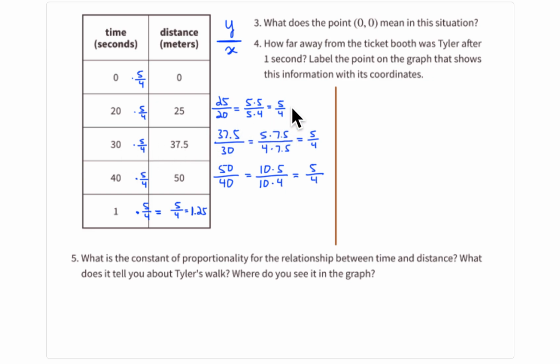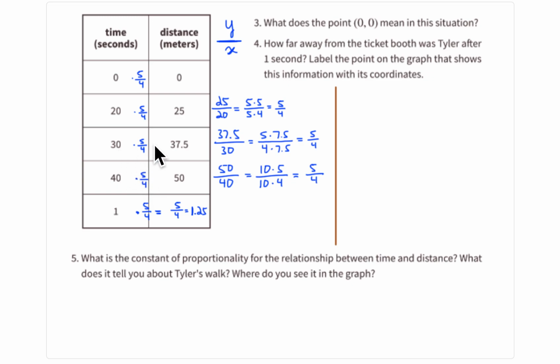Both of those, and I should spend some time talking about that pretty soon. That 5 divided by 4, in this case 5 meters per 4 seconds, is the same as 5/4 divided by 1, or 5/4 of a meter per 1 second. Those are the same values, the same relationship.